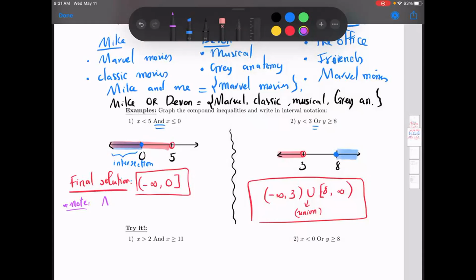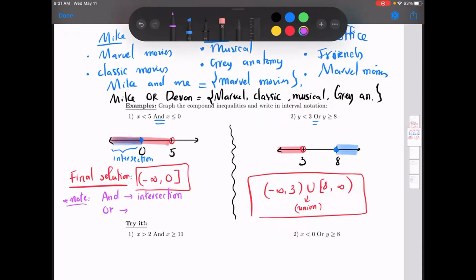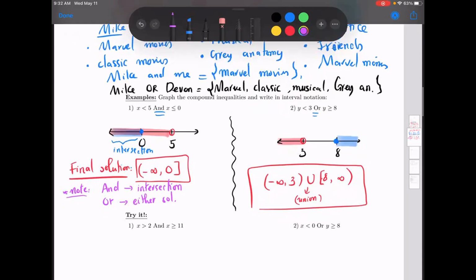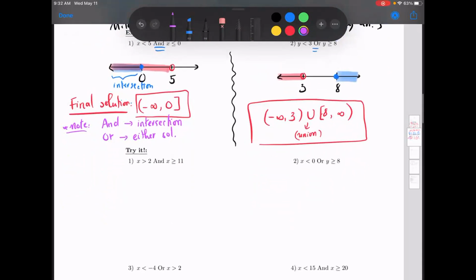Note: and implies intersection; or implies either solution. Right. Why don't you guys try number 1 and number 2?